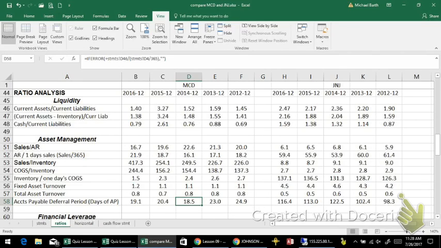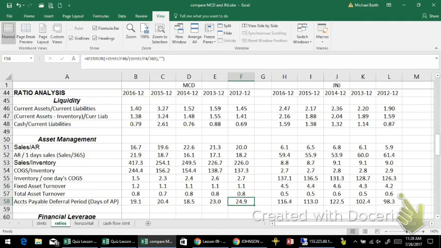We also look at the days of accounts payable. It's not actually asset management in the truest sense, because accounts payable are a liability, but we buy inventory typically with accounts payable, and we could see that accounts payable for McDonald's is relatively high relative to the inventory.